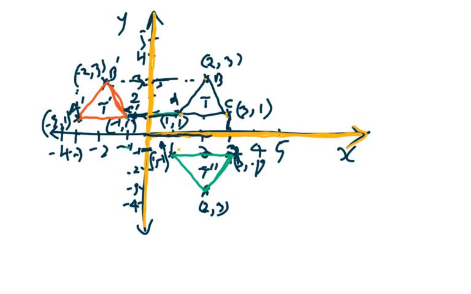So that would be the image of T after it has undergone a reflection along the x-axis. Now look, the distance of C to the reflection line is exactly the same as the distance of C prime from the reflection line.